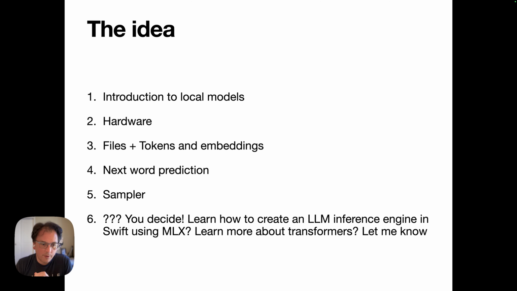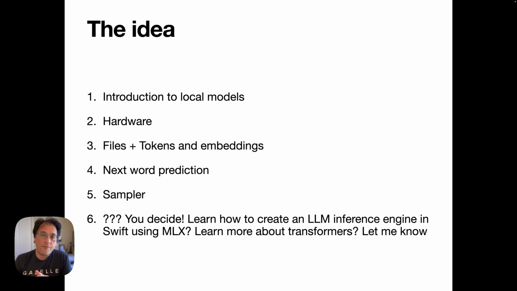Again, the transformer is a black box. The fifth video will be about the sampler. That is also something that happens after the transformer. And then the sixth, I mean, that's for you to decide. So I'm recording five videos right now.